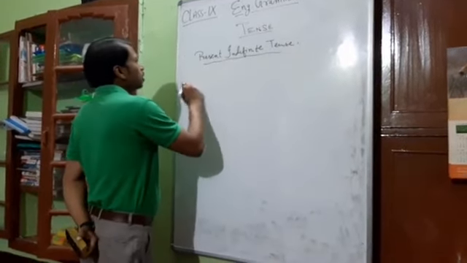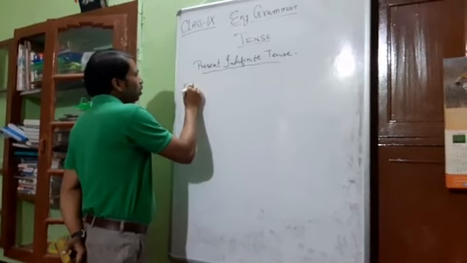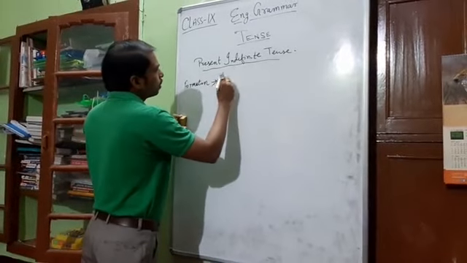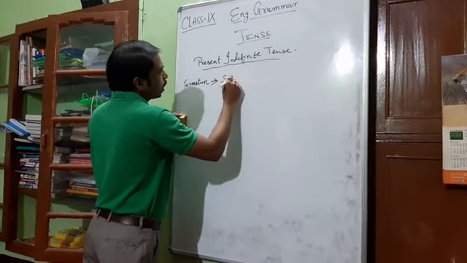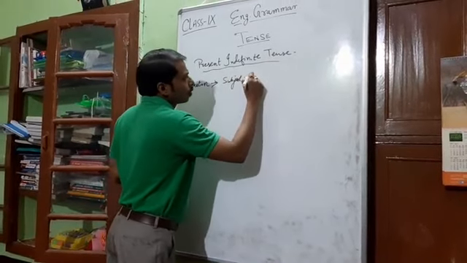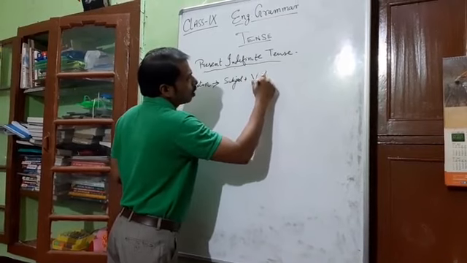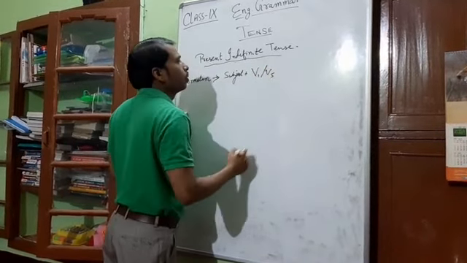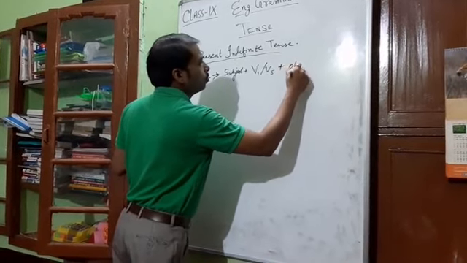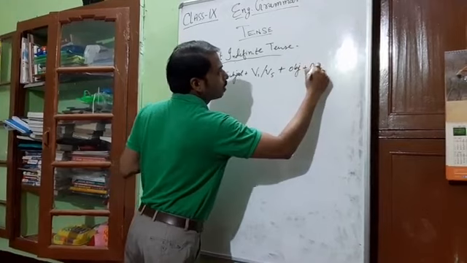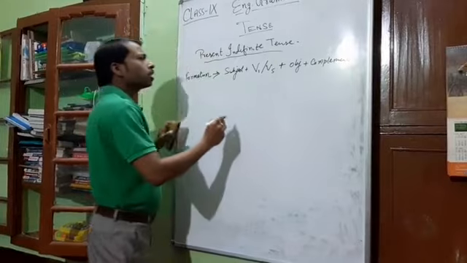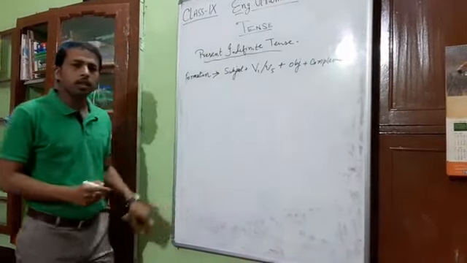Now in such a case, the formation remains subject plus V1 or V5 plus object plus complement. So this is the general formation of present indefinite tense.